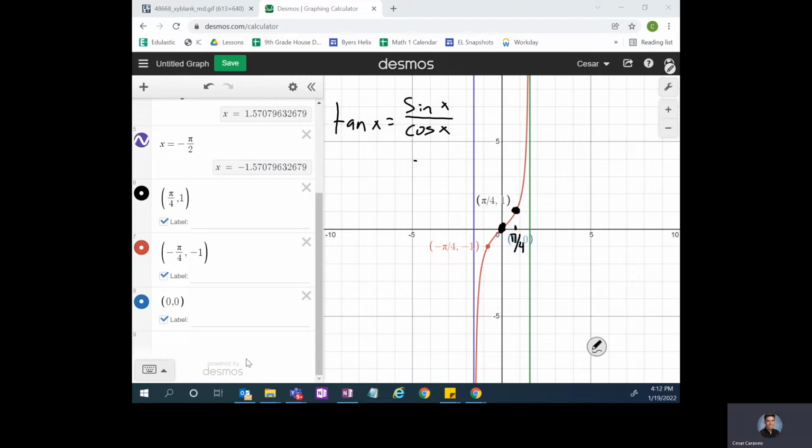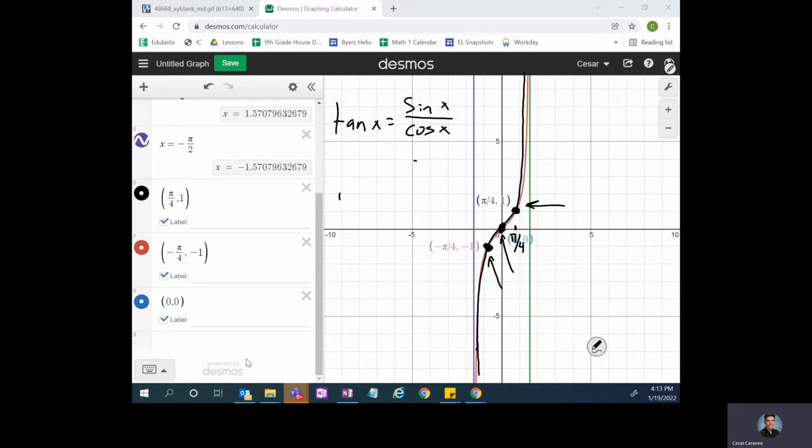Now the same is true if we plugged in a negative pi over 4. Nothing changes except the sign. So that's where we get this last one. After that, it follows this structure, and you should be able to now graph the tangent function just using that. So to recap, these points you can easily find by using your unit circle at pi over 4.